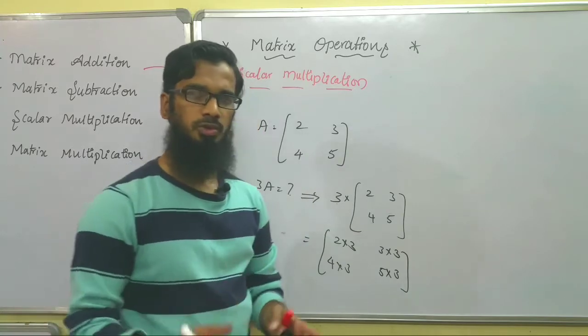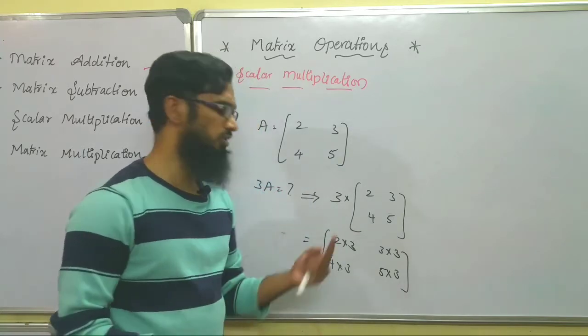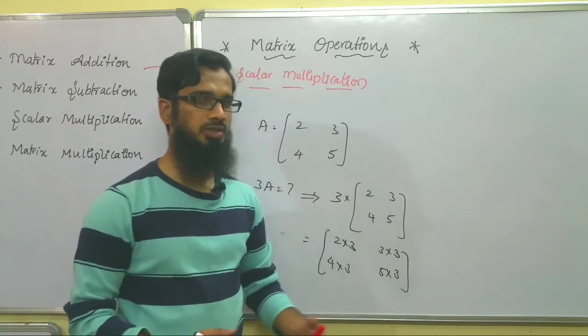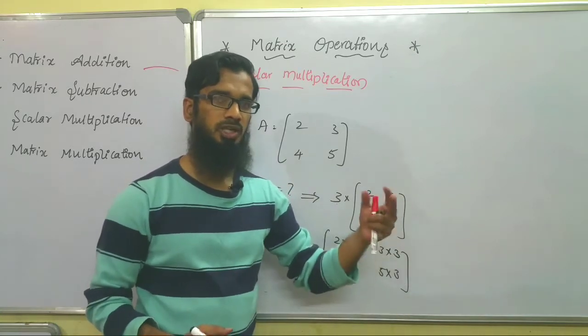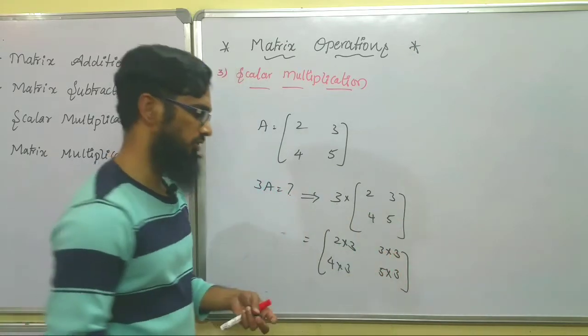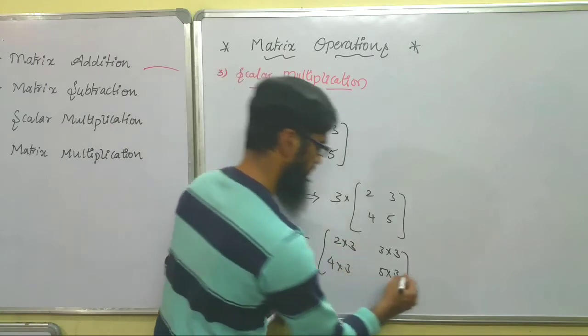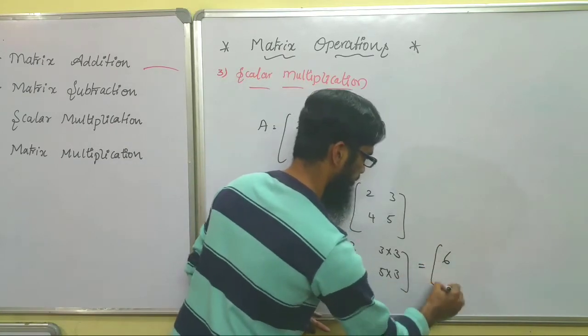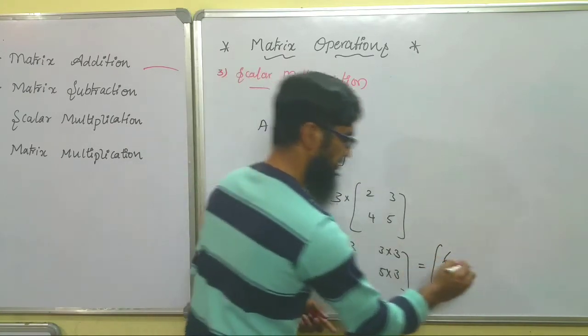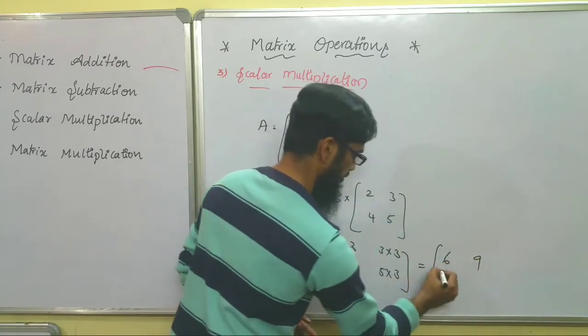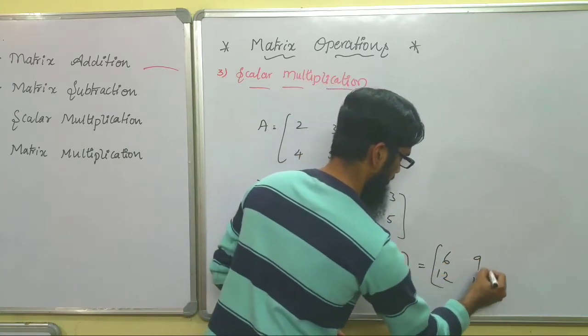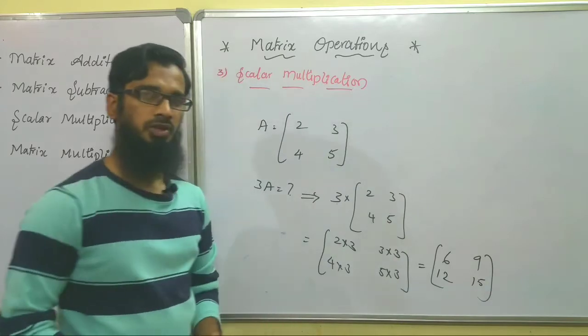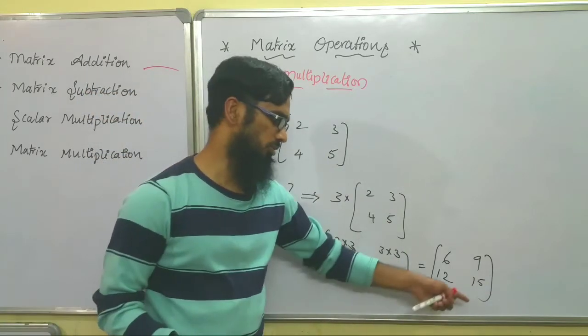Here we don't worry about the order of the matrix; we just multiply the given number with each and every element of the matrix. This is a simple thing. So 2 3s are 6, 3 3s are 9, 4 3s are 12, and 5 3s are 15.